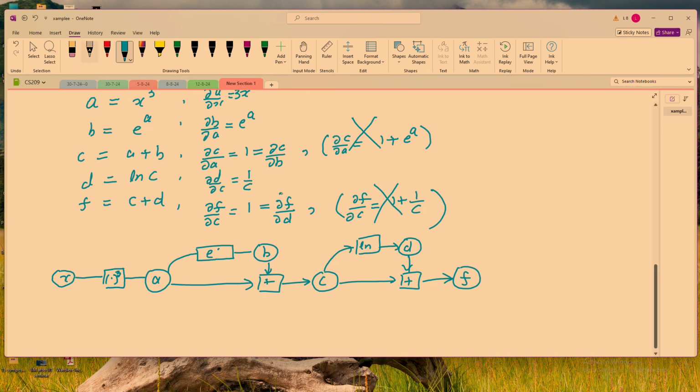The tricky part is, when you write df over dc, there are two paths reaching C. Everybody with me? So I will write this as df over dd, times dd over dc, plus a direct df over dc.